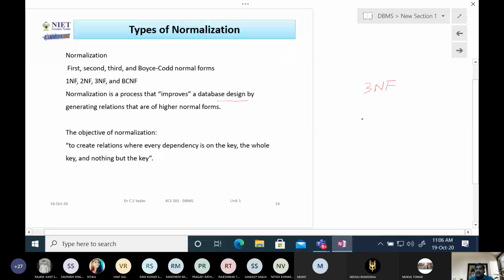They should not be dependent on part of the candidate key. If your non-key attributes are dependent on other non-key attributes, then there occurs a problem. Keeping this in view, we will decompose complex relations into simpler, smaller, and well-structured relations.